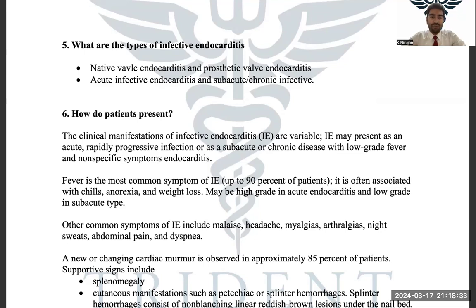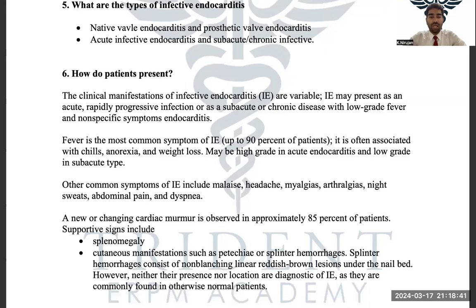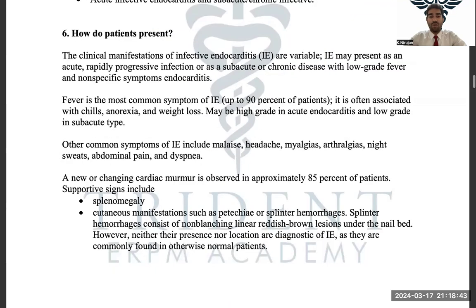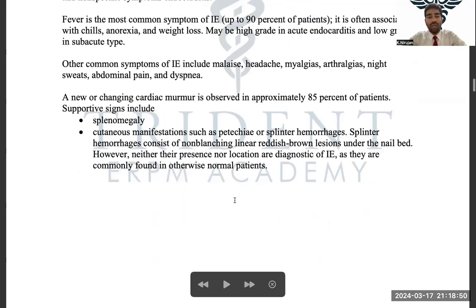It could be a various presentation. One is fever and constitutional symptoms, and it could be due to embolic phenomena. You can get various septic emboli, splinter hemorrhages, petechiae, and splenomegaly.